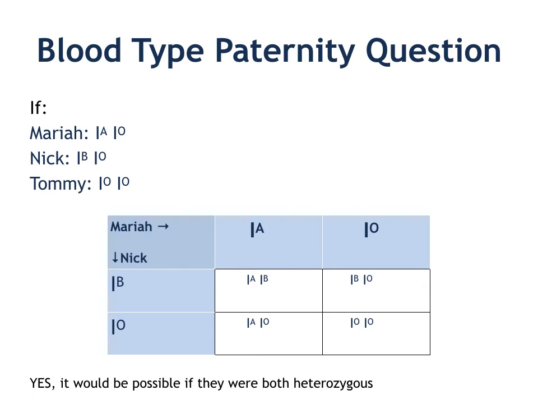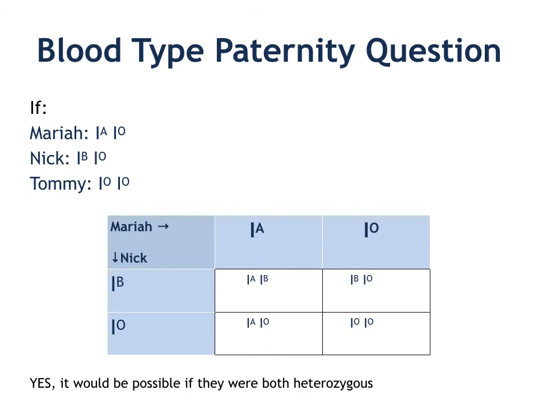If Mariah donates a gamete that is IA and Nick donates an IO, the zygote that forms would be IAIO, which would be type A blood. And if Mariah donates IO and Nick also donates IO, the zygote that forms is IOIO, type O blood.